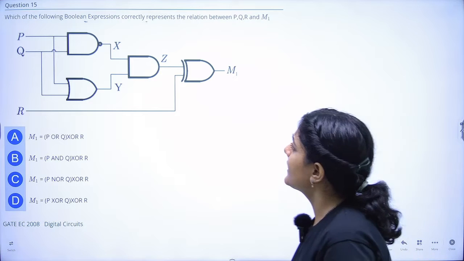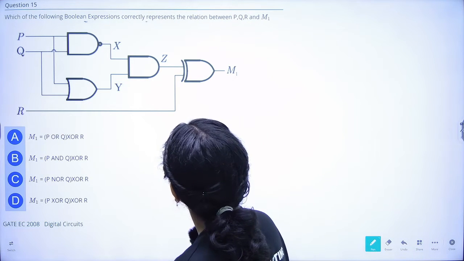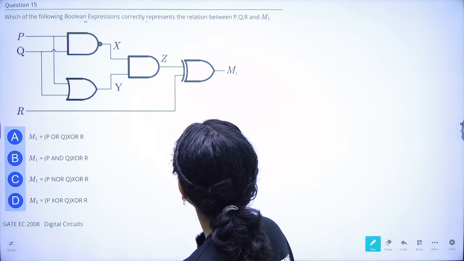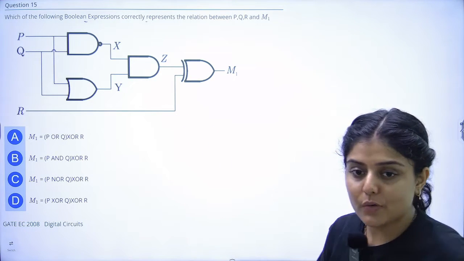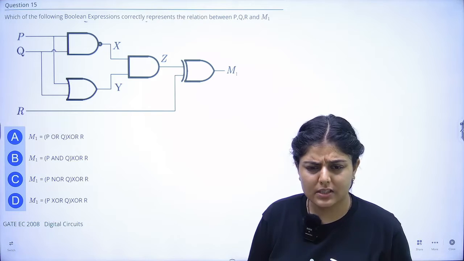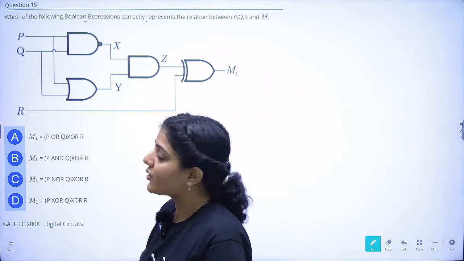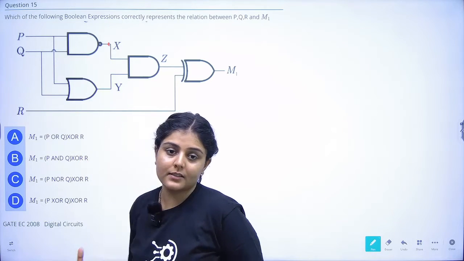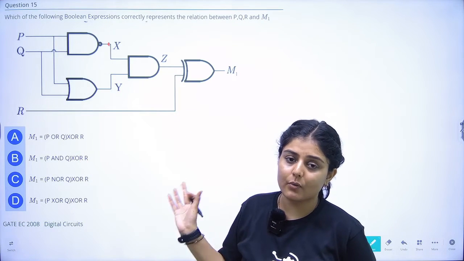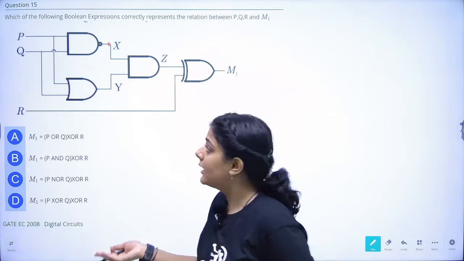The next question says, which of the following Boolean expressions correctly represents the relation between P, Q, R and M1? We have to solve it again, in a similar way to how we have been solving. Let's mark some easier outputs here in order to make the expression simpler.